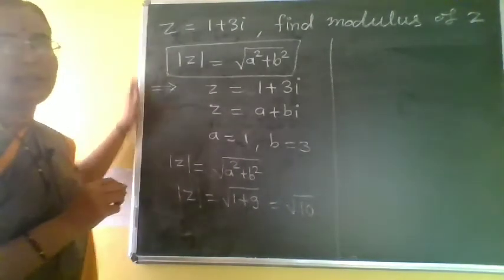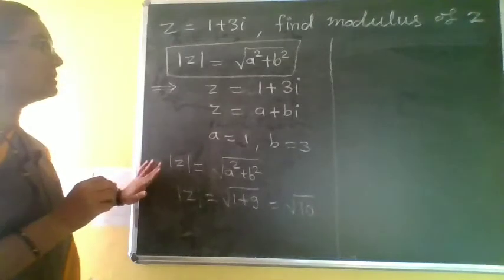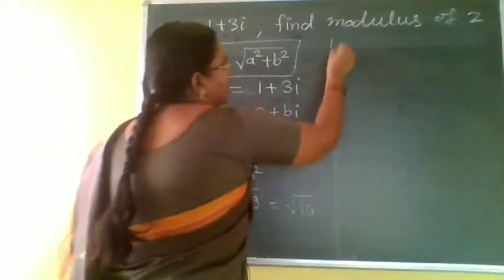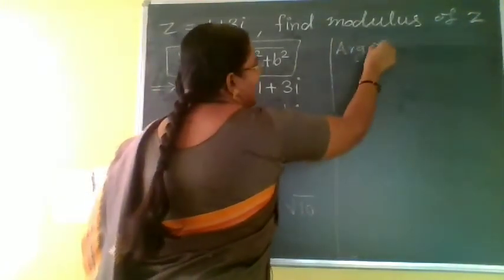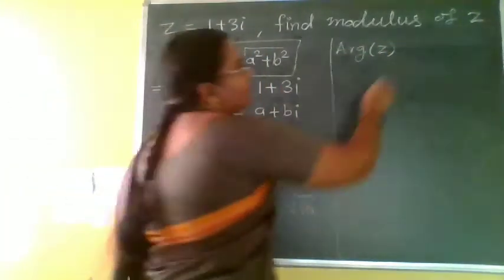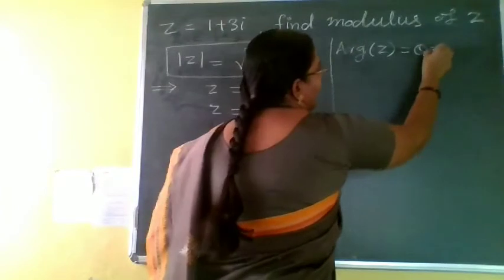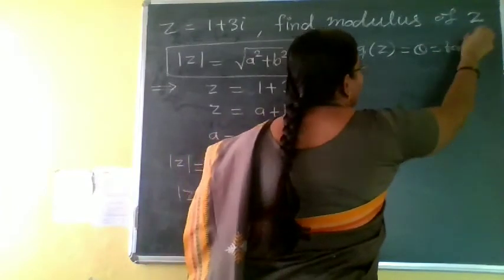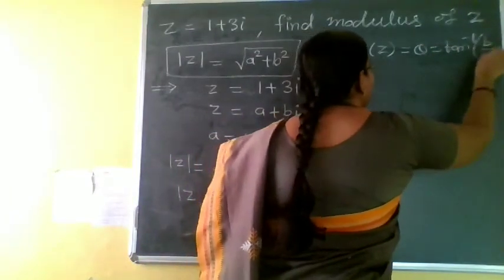We have to find the argument of this example also. What is the argument? Argument of z is denoted like this. That is equal to theta. And what is theta? Tan inverse of b upon a.